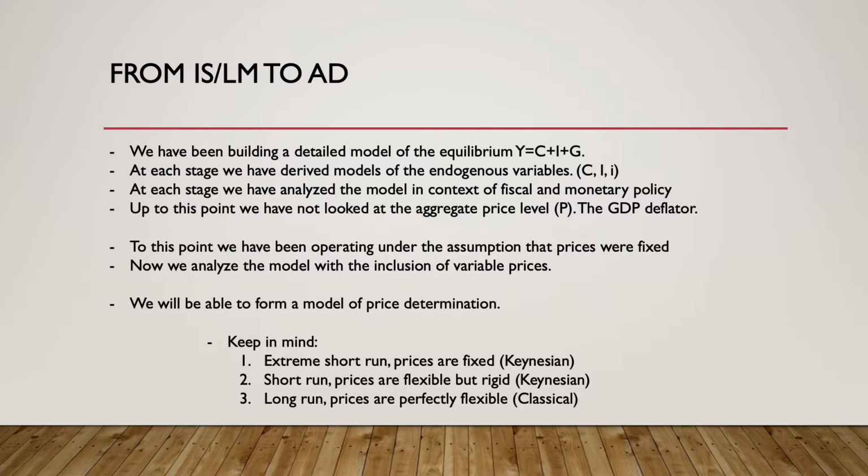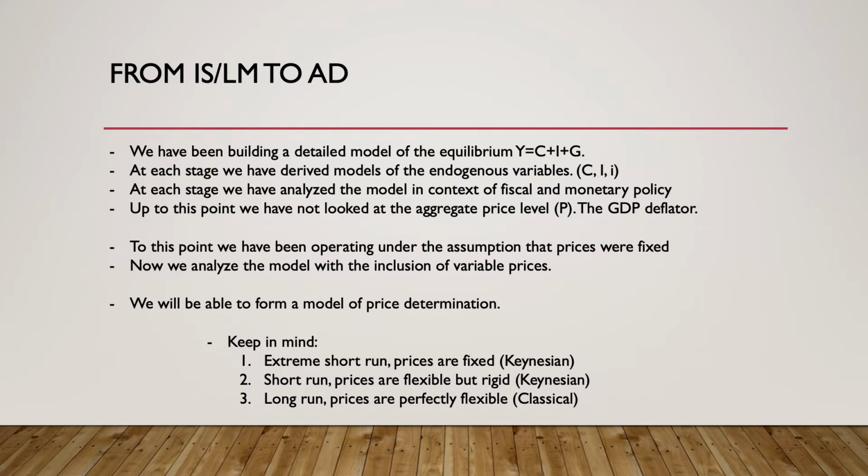Now we're going to analyze the model with prices being variable, and we'll see how it affects our model. We'll be able to, in the end, form a model of one of our key macroeconomic variables, the aggregate price level, and so we'll be able to construct a model for price determination.